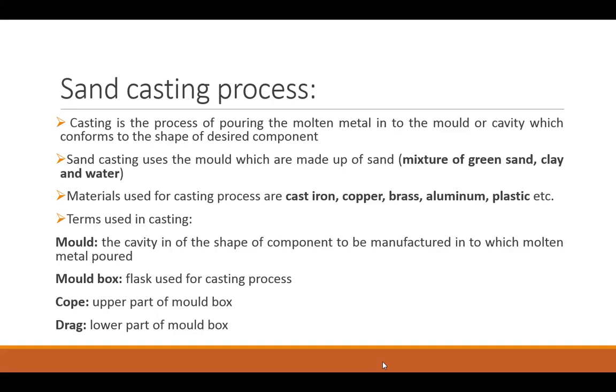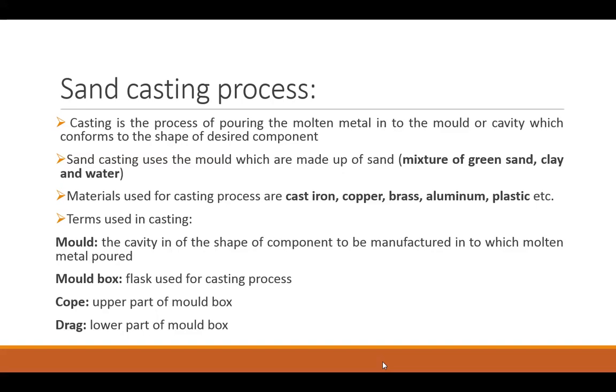Sand casting uses molds which are made up of sand, that is a mixture of green sand, clay and water. The different materials which can be cast into the finished product are cast iron, copper, brass, aluminum, plastics, etc.